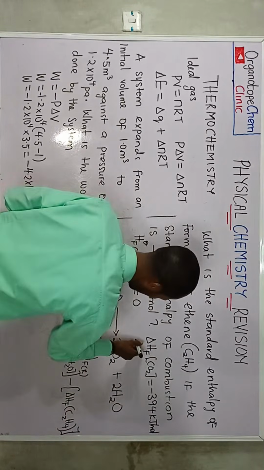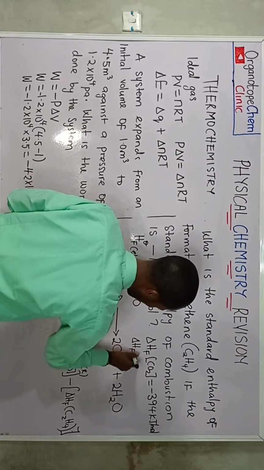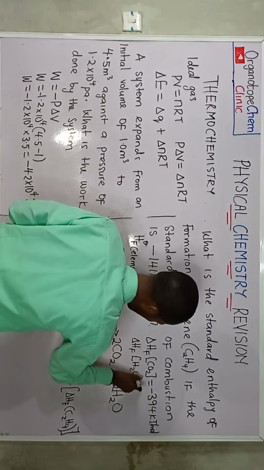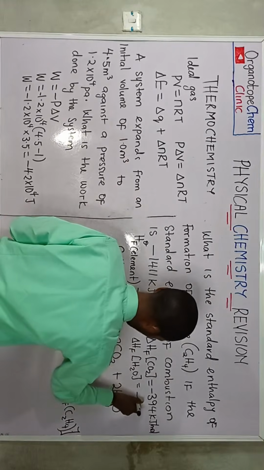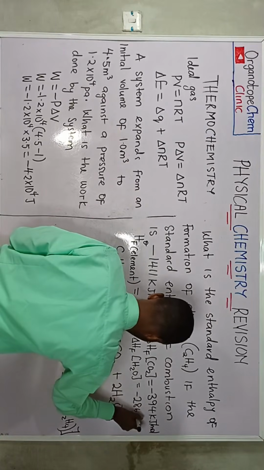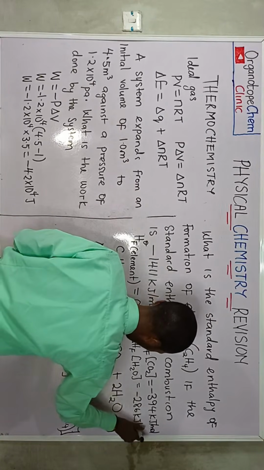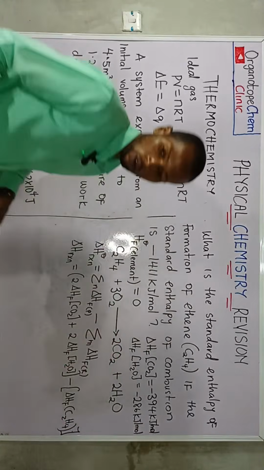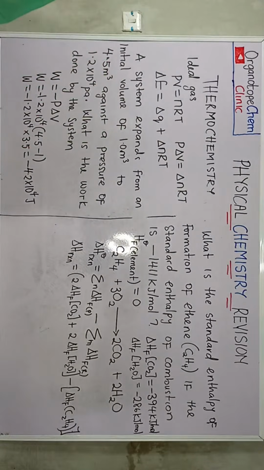And also we're given the enthalpy of formation of water, H2O, as minus 286 kilojoule per mole. So we can substitute all those values there.